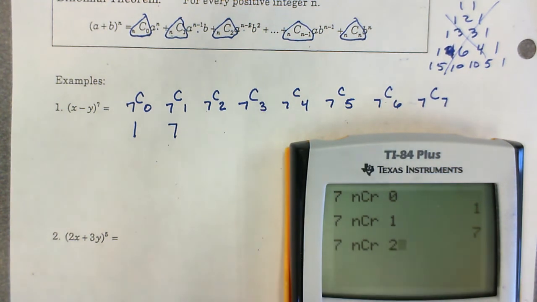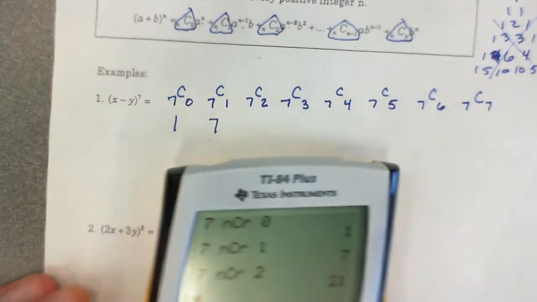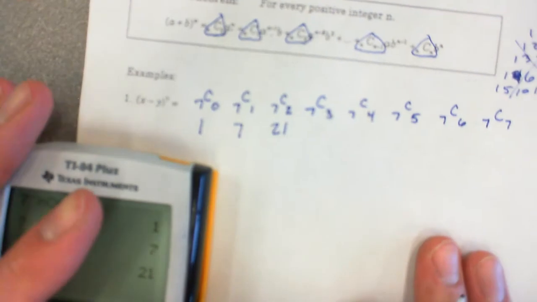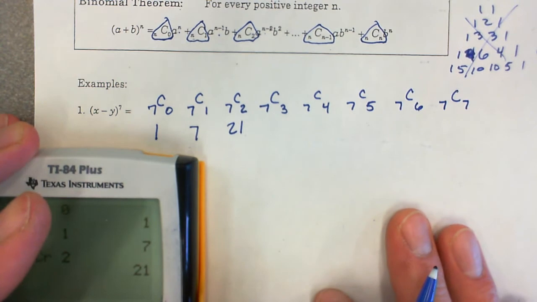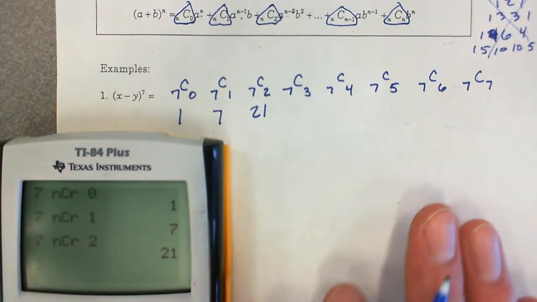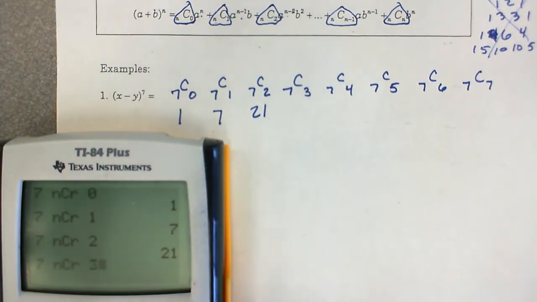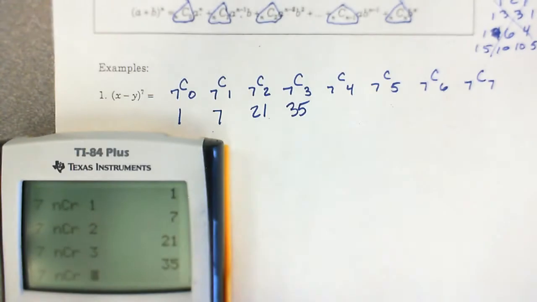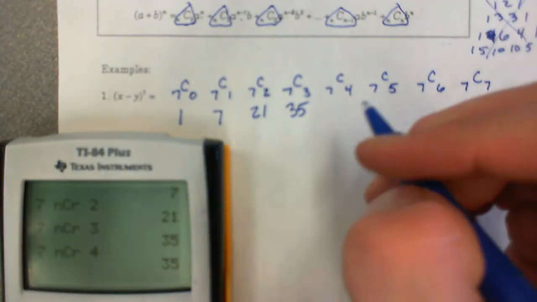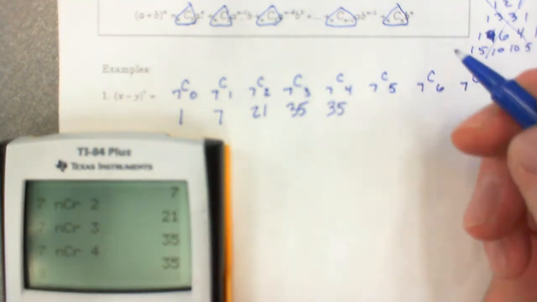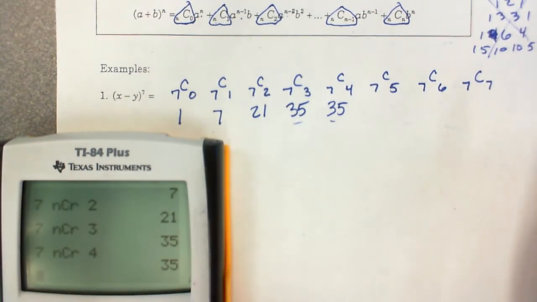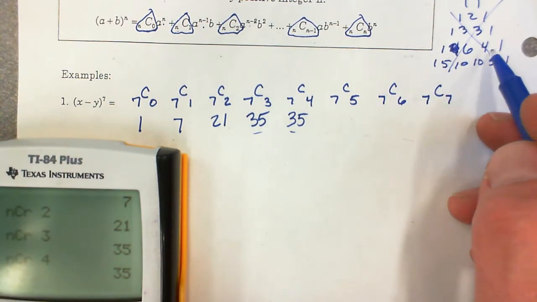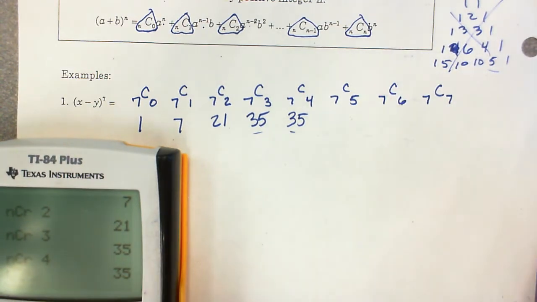Now, switch the 1 to a 2 and we get 21. So on here, this term is 21. That's actually the first one that we really needed to work out. Now, let's do the 3. We get 35. Second enter, change the 3 to a 4, and we get another 35. Well, look at that. 35 started to repeat. We know from the chart that the second half is just a repeat of the first half.